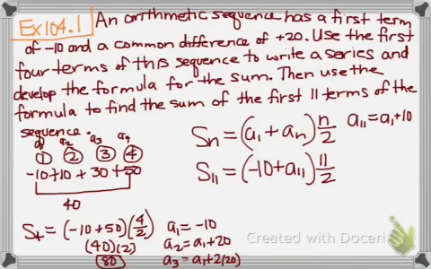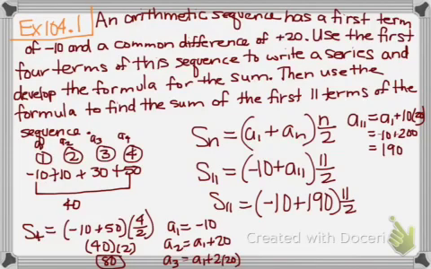So a sub 11 is going to be a sub 1 plus 10 times 20, because you take your n, subtract 1, and multiply by 20. Our a sub 1 is negative 10, so negative 10 plus 200 gives us 190. So now we know our 11th term is 190.